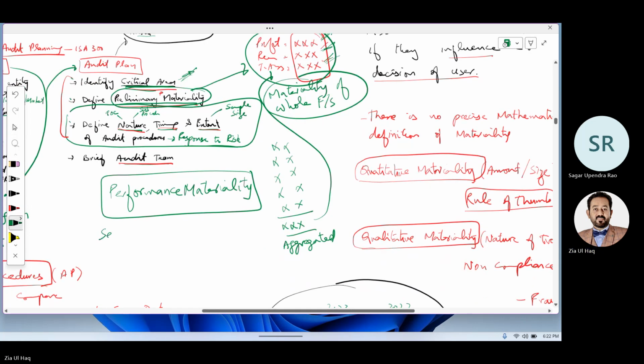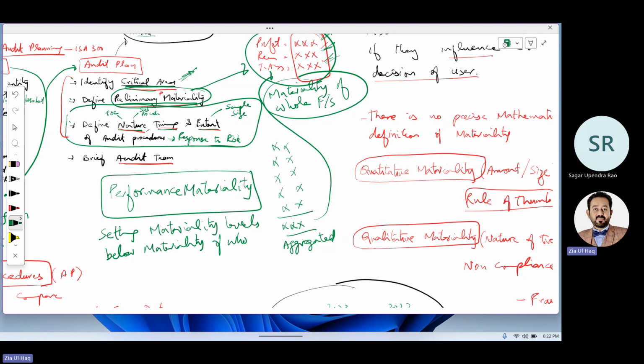Setting materiality levels below the materiality of the whole financial statement.